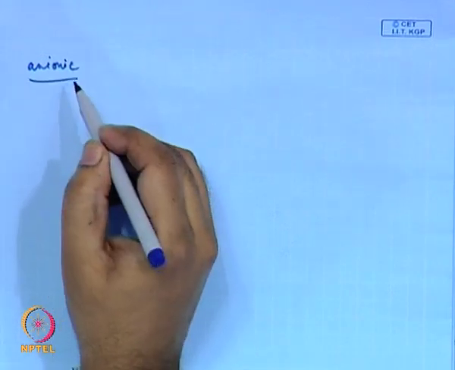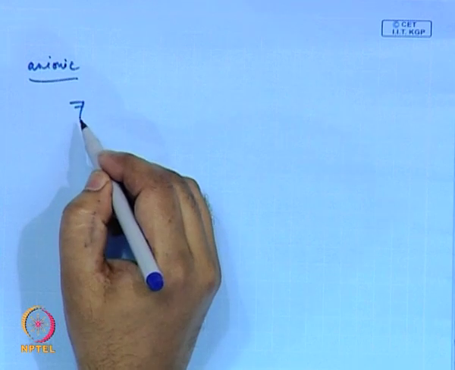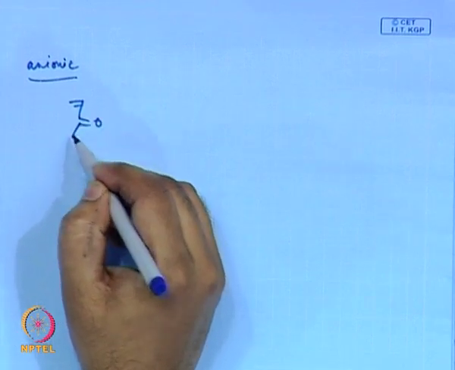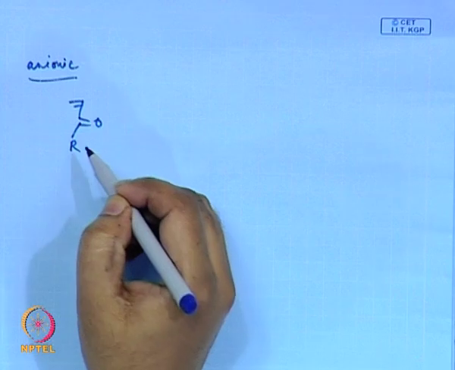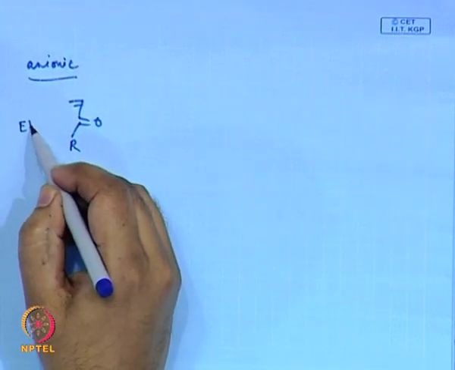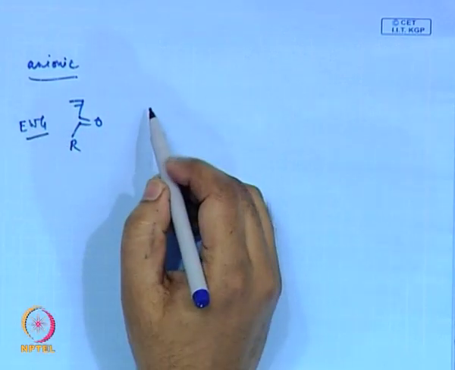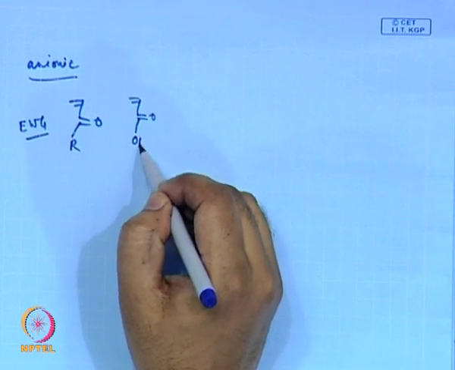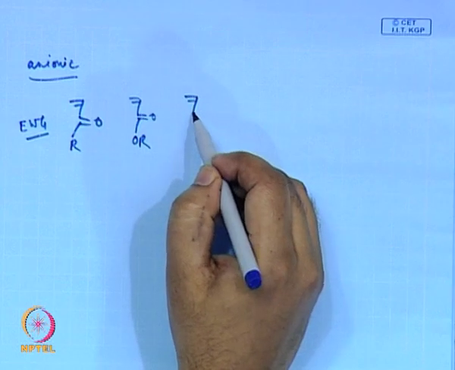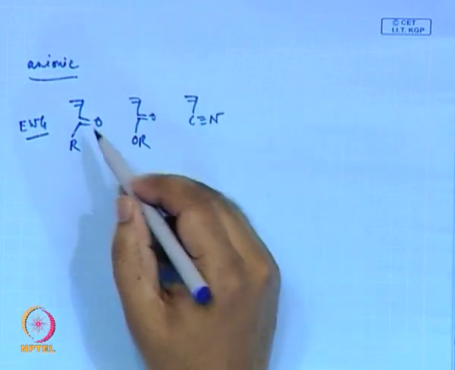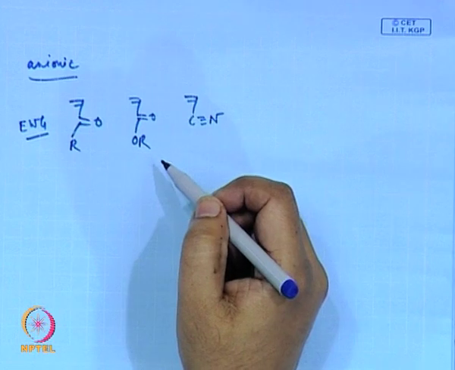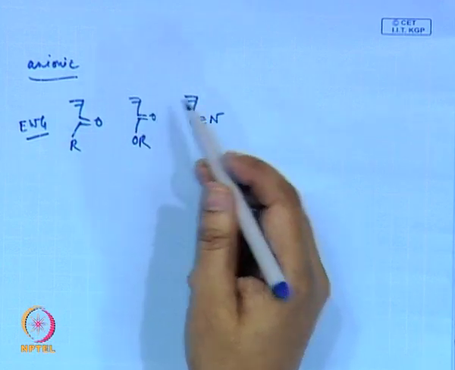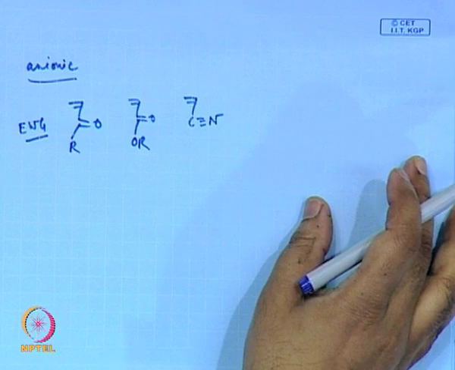Now, for anionic chain polymerization, we need monomers which have an electron withdrawing group, which could be, as we discussed earlier, something like acrylonitrile or acrylates or methacrylates and so on.